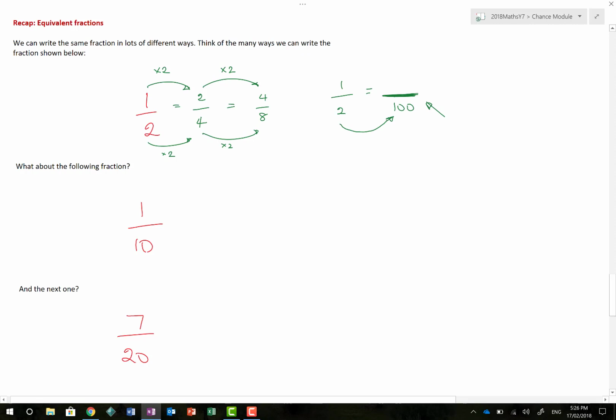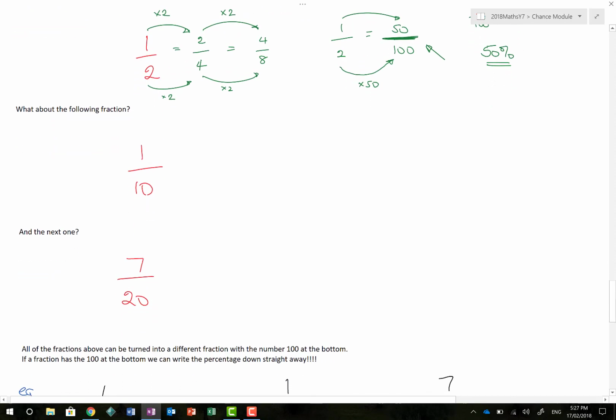You could say add 98, please don't. How about timesing by 50? And so if I times the top by 50, my half turns into 50 out of 100. But we know that divide by 100 is the same as writing percent. And so 50 out of 100 is the same as 50%.